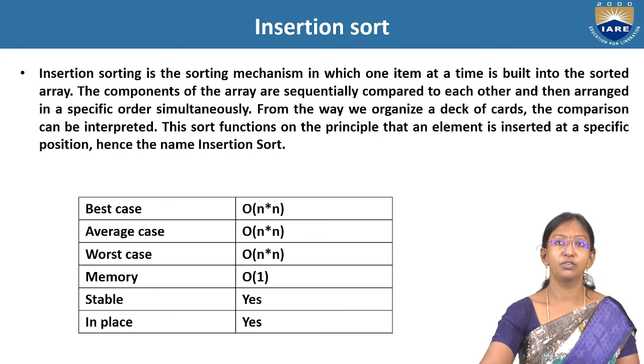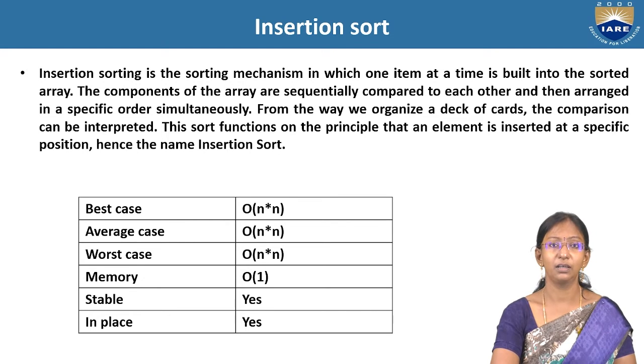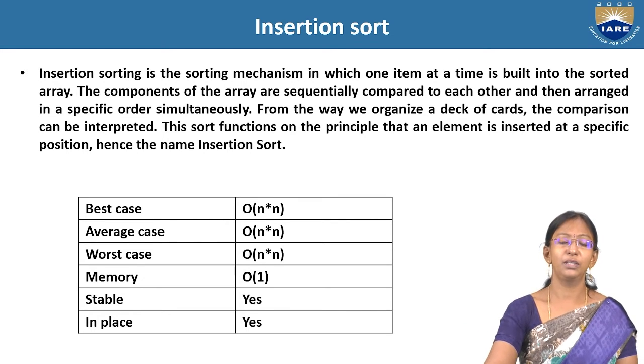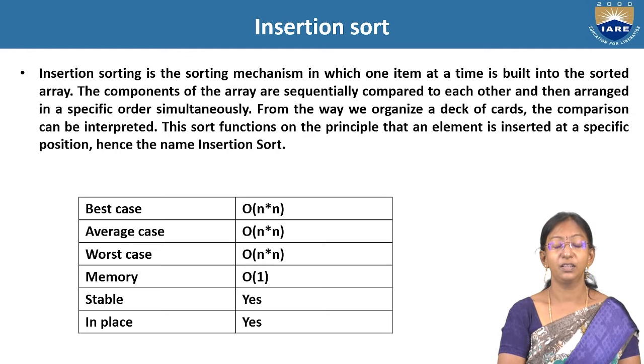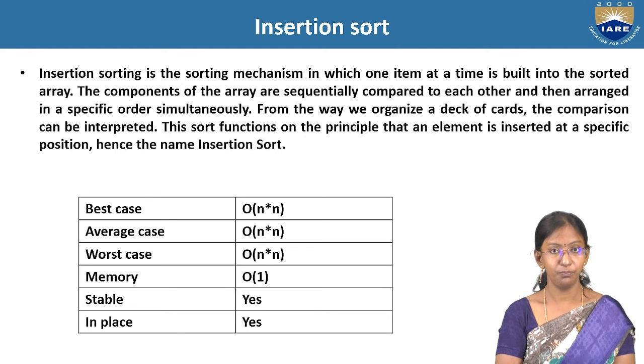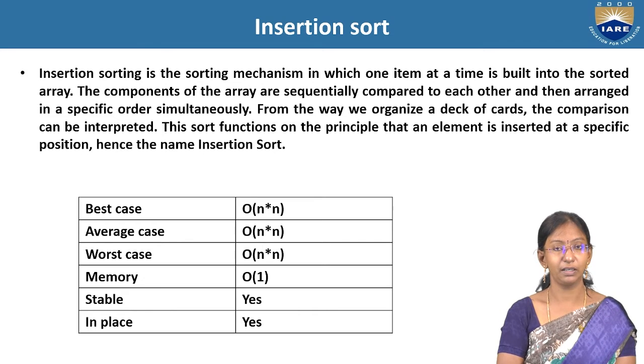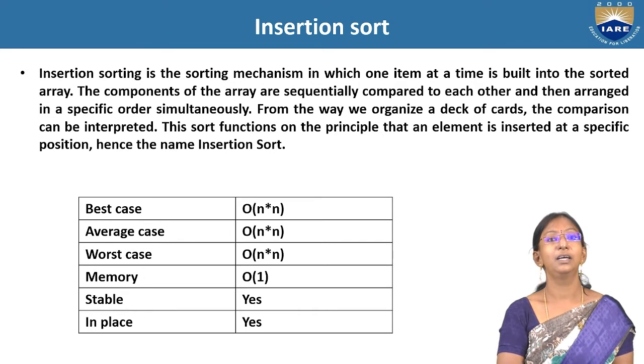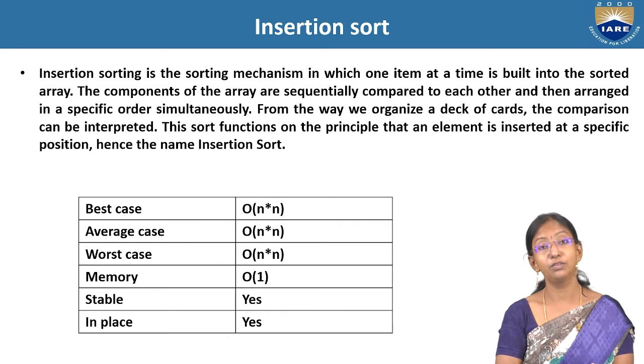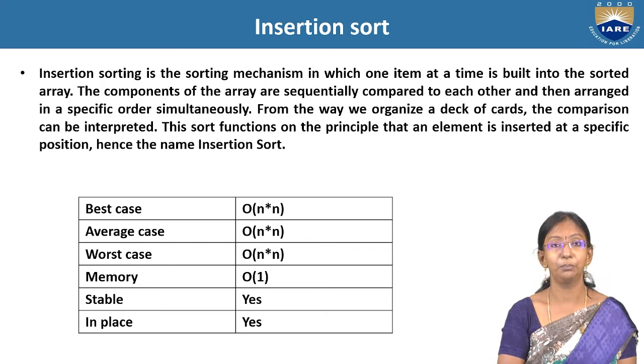In insertion sort, sequentially we compare the elements to one another. Generally we compare elements from left to right, but here we are going to do it from right to left. That means I'm going to start my sorting process from the second element and go in the left direction, that is, with the elements with lower index values, compare and sort.